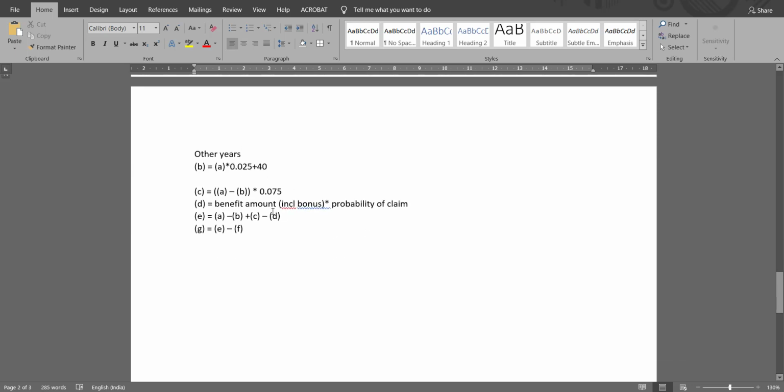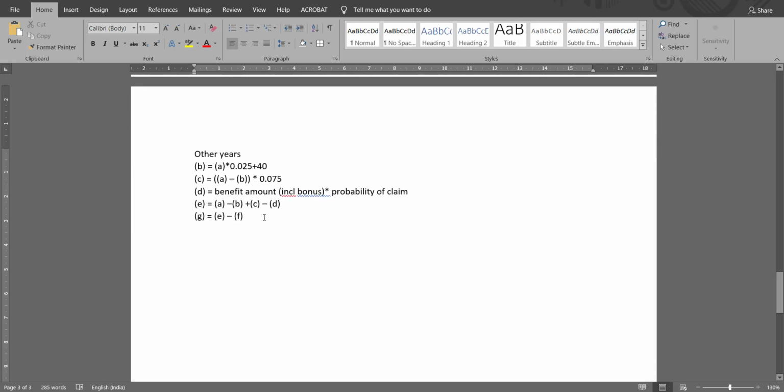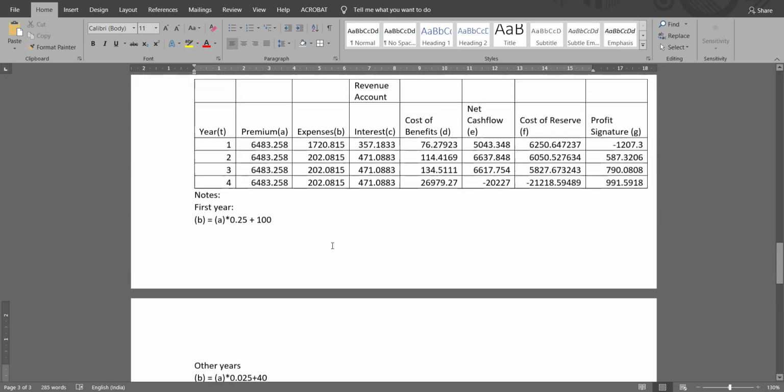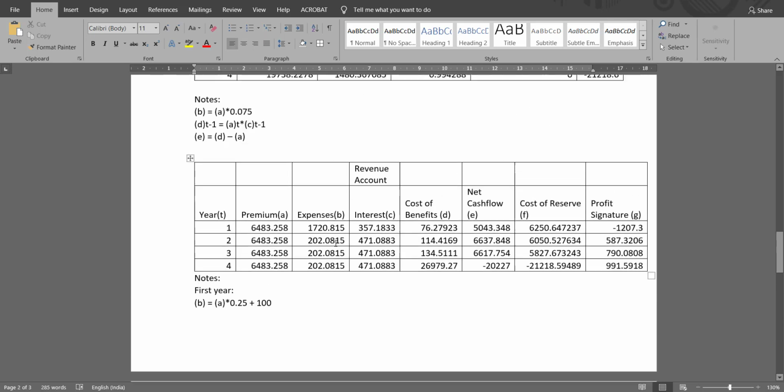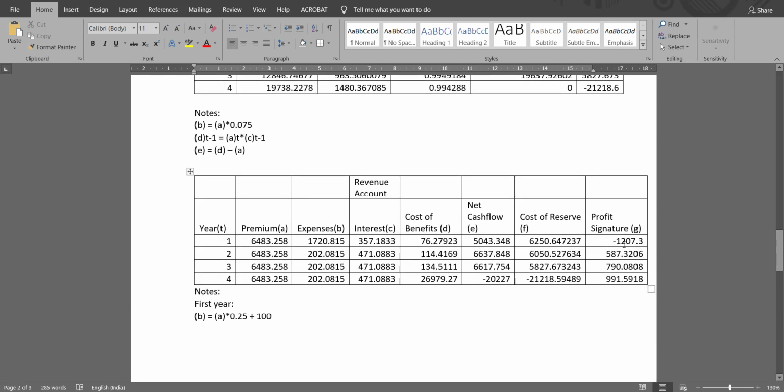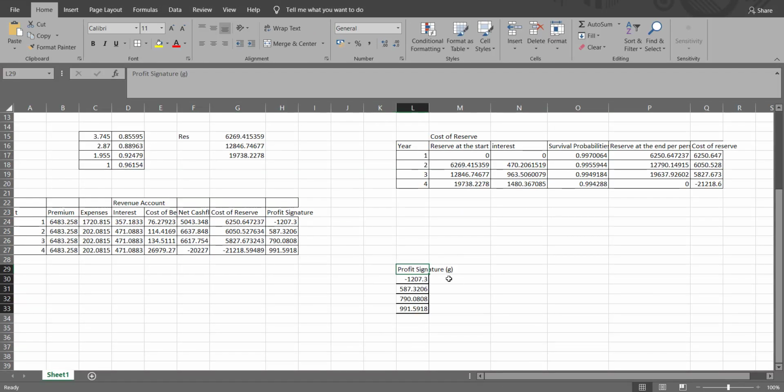Fine, fair enough. This is also done. Now what is next? You need to calculate the NPV of profit. Okay, so you have your profit signature. Okay, now along with this you need what? The probability of survival.